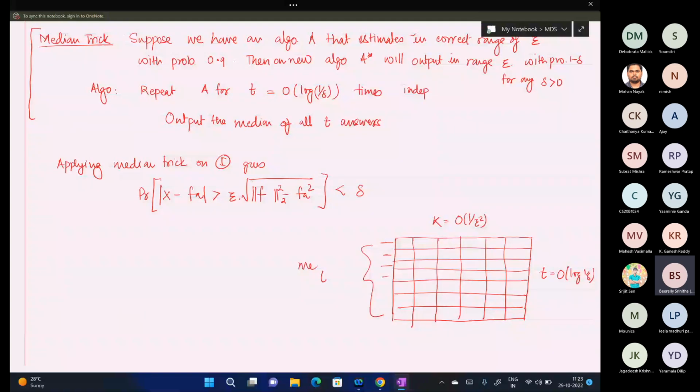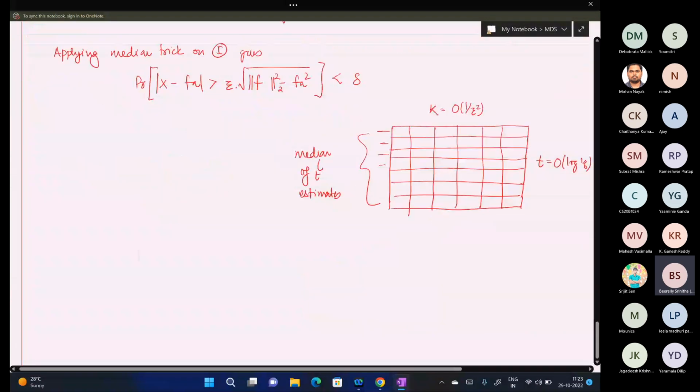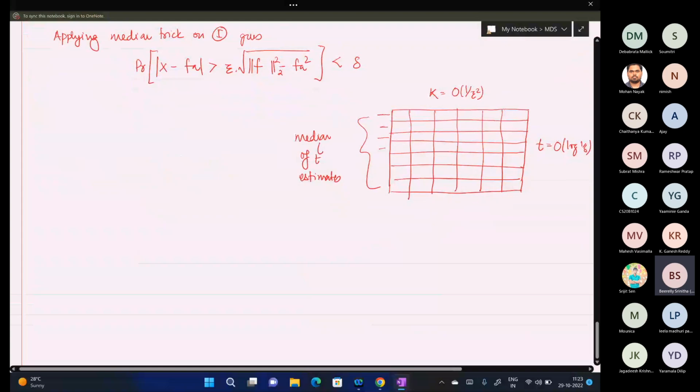That has the guarantee that the difference between our estimate and the ground truth quantity will be more than this with probability at most delta. Any doubt on this part?